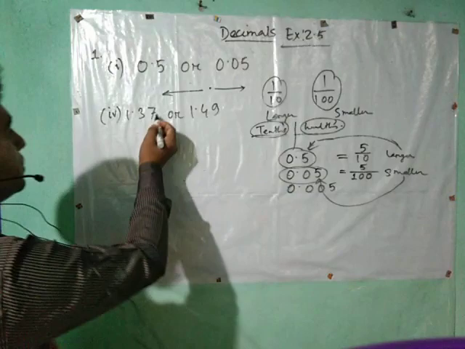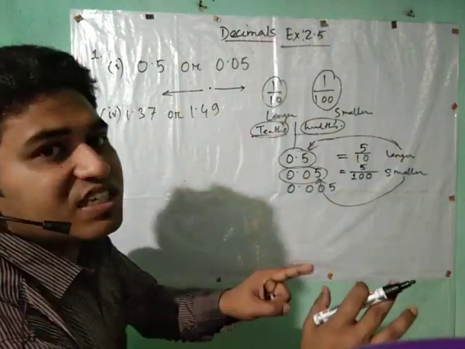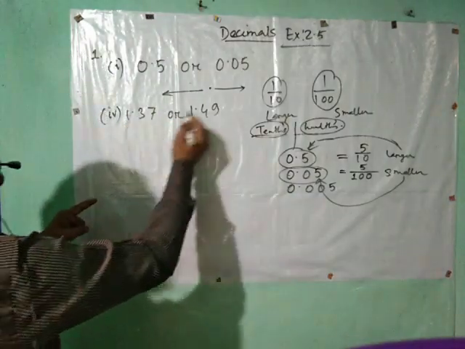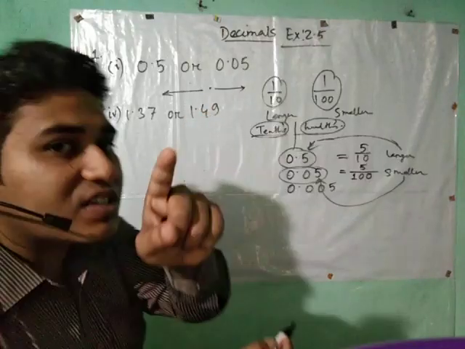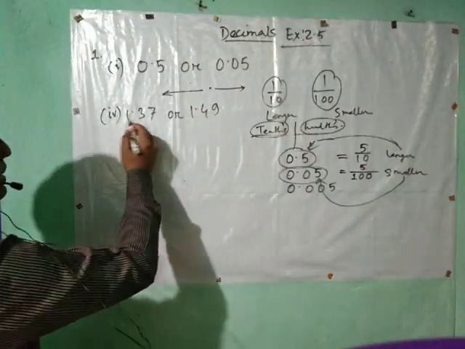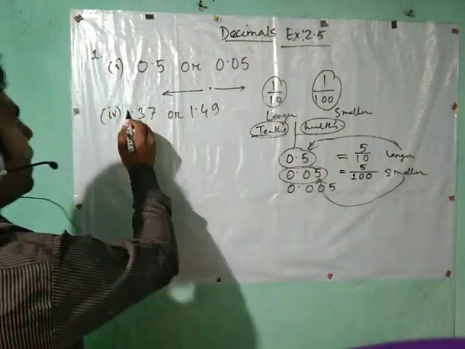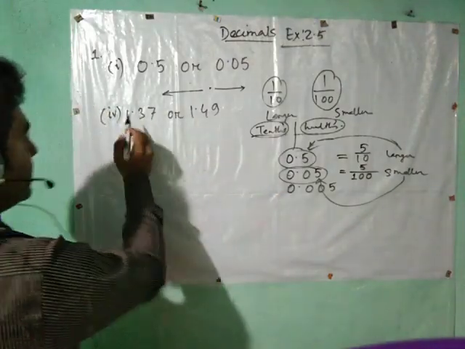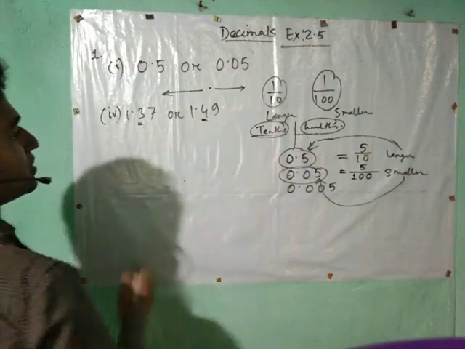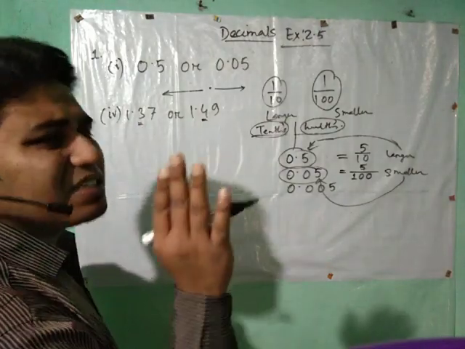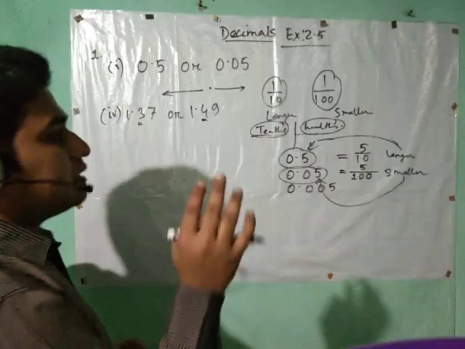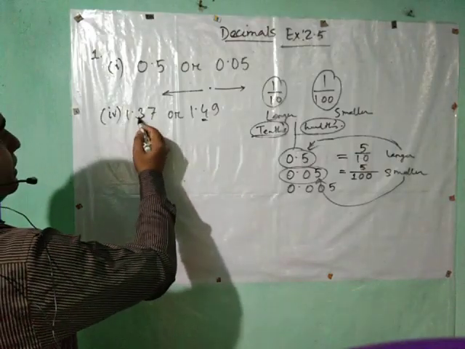Understood? If you see here, the most significant digit will be this one. Here also this one will be the most significant, but I am talking about the most significant digit after the decimal.